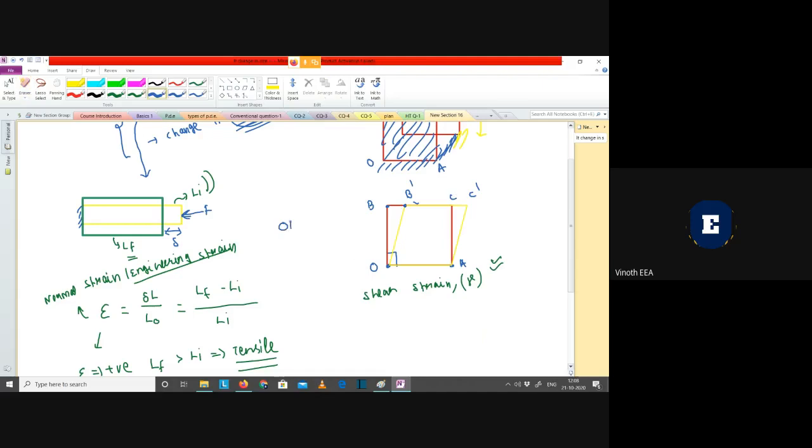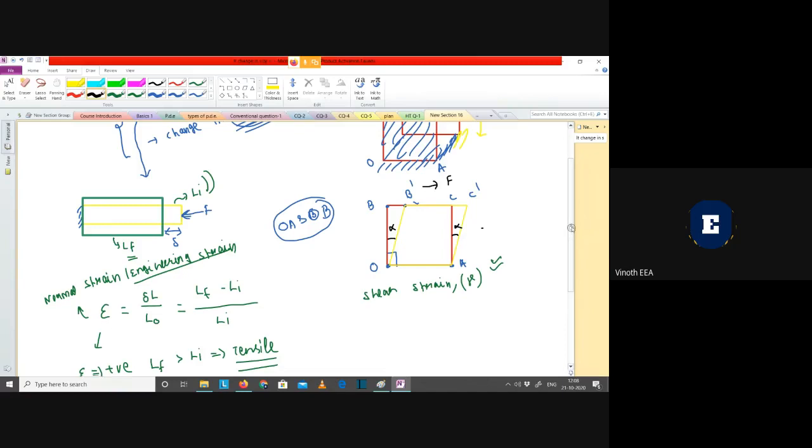So I'm taking two line segments OA and OB, which are initially perpendicular. Now after application of the shear load F, obviously OB is getting tilted by some angle. Let me take that angle to be alpha, and of course this angle will also be alpha: the angle between AC and AC dash, and similarly the angle between OB and OB dash, are alpha.